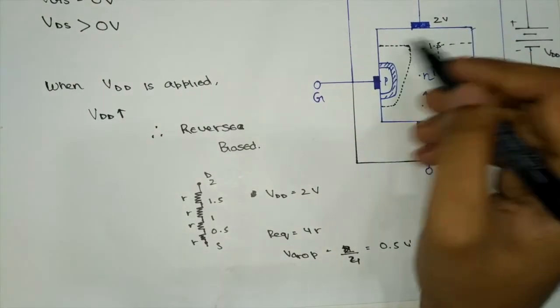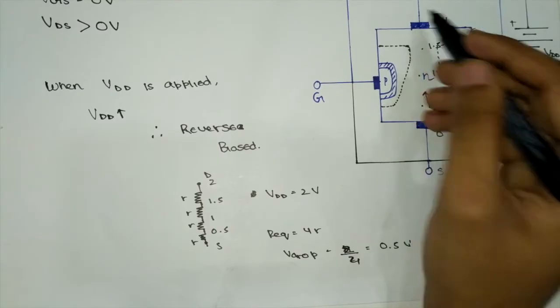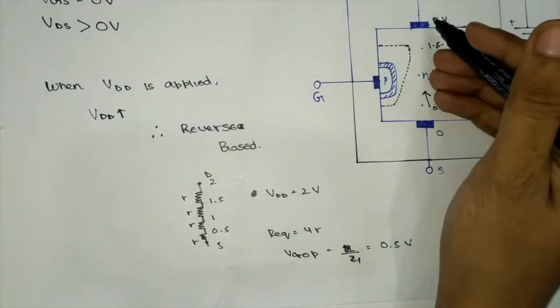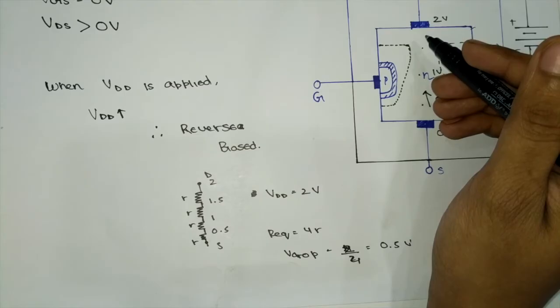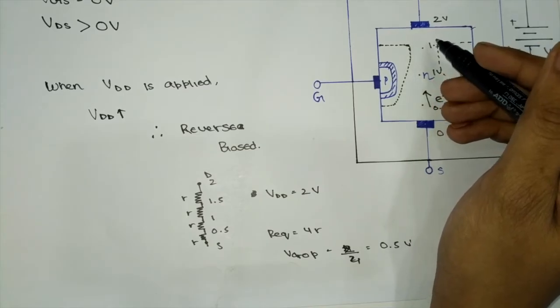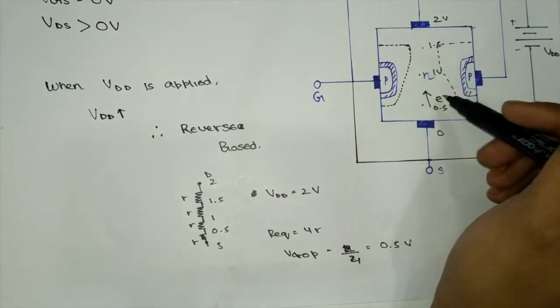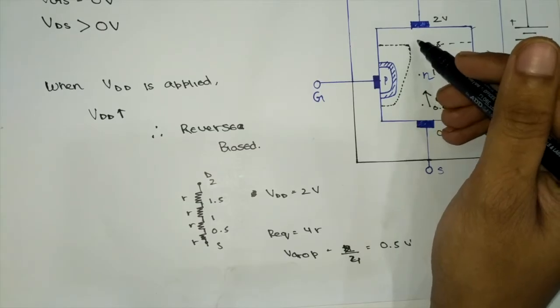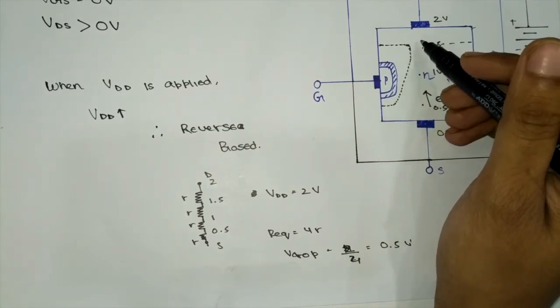Therefore, as we go from the drain to the source terminal, we see that the reverse biasing voltage is getting lower. Therefore, the depletion region width would also become lower.